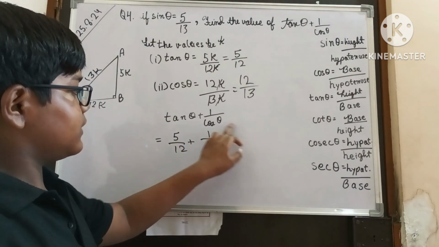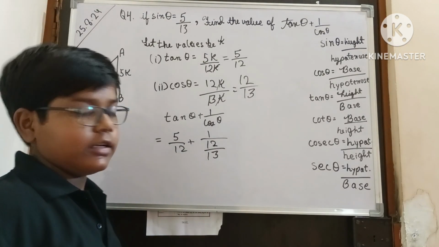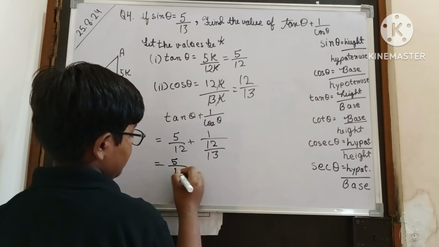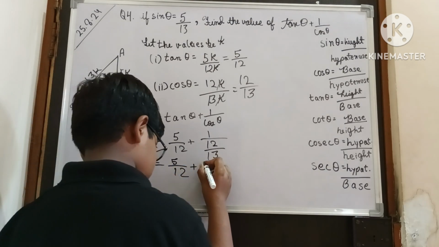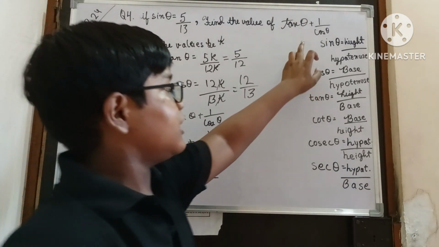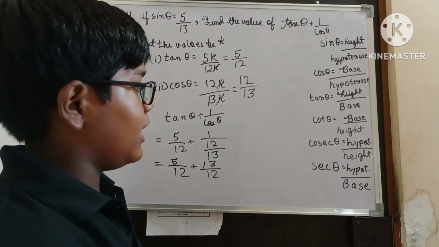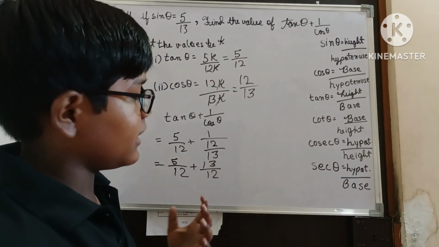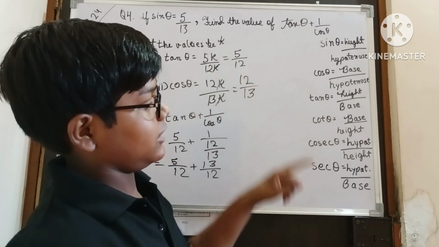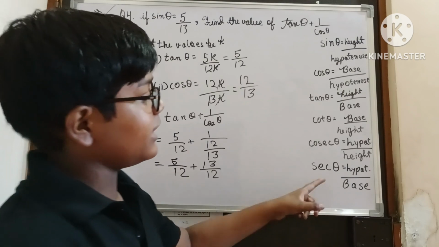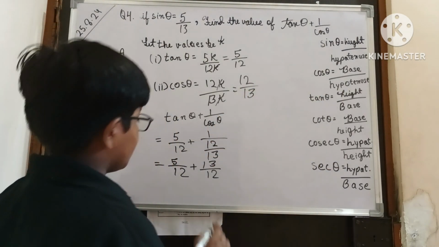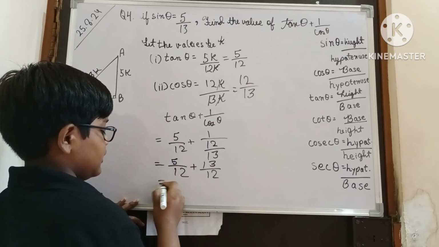This 13 will be transferred up, as there are triple fractions. 5 by 12 plus 13 by 12. Or we can write 1 by cos theta as sec theta, because 1 by cos theta is just equal to sec theta, and 1 by sec theta is just equal to cos theta. So these are reciprocals, and our values are 5 by 12 plus 13 by 12.